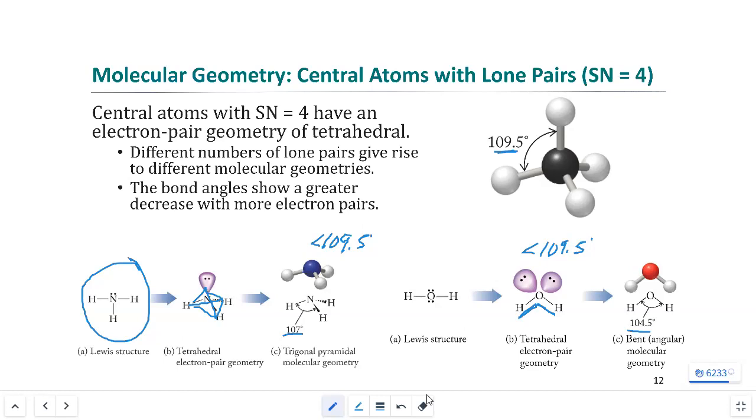There's no hard and fast rule. We can't say each lone pair takes away 3%, or each lone pair takes away 4%, or whatever. There's no hard and fast rule for that. So we're going to speak in generalities here.